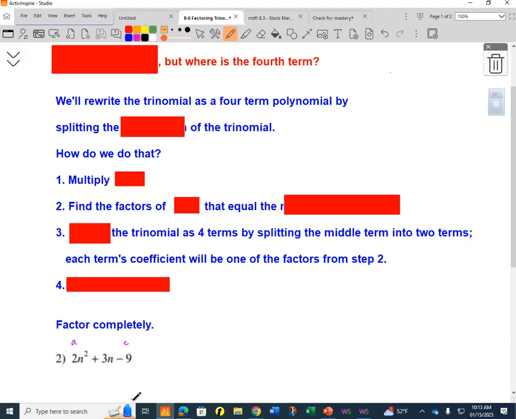Does that make sense? A is always the coefficient on that squared term, and it should be in the front, so we should write these in a standard form. If for some reason they ask you to factor something that's not in standard form, remember you want to put it in standard form. Biggest exponent on the variable down to least exponent on the variable.